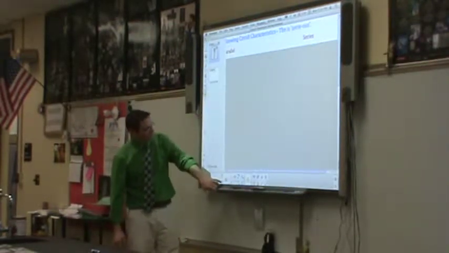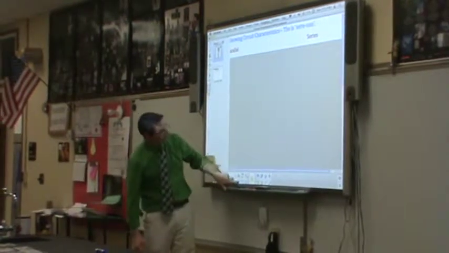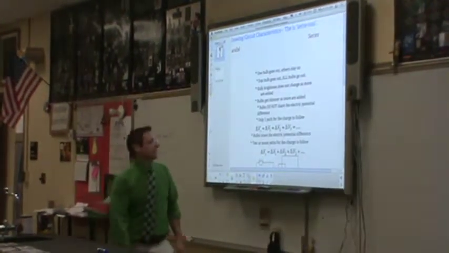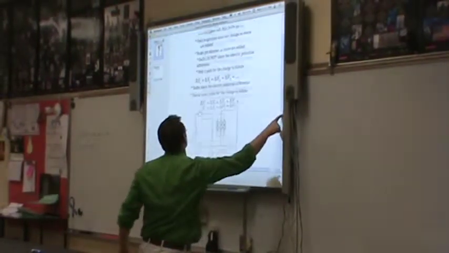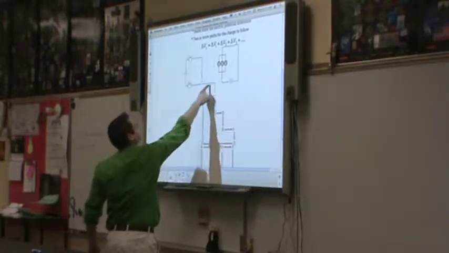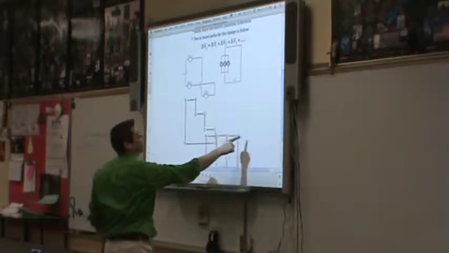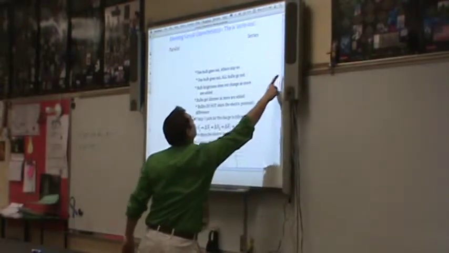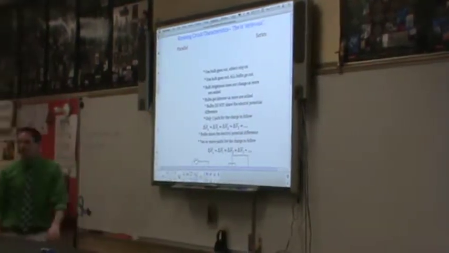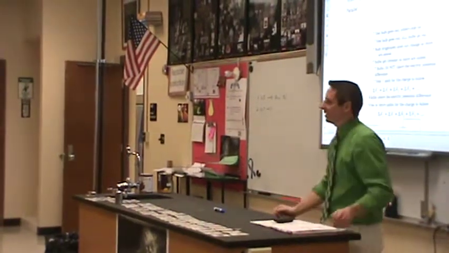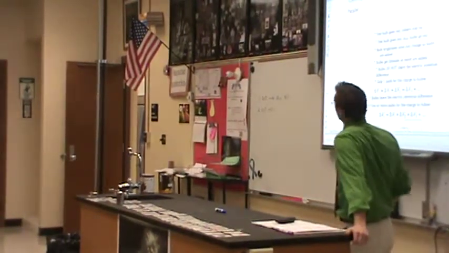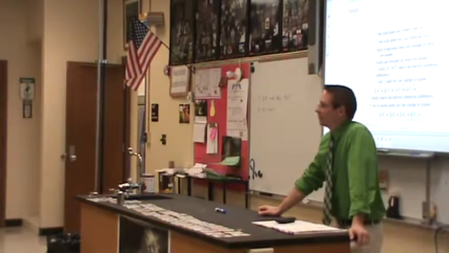So I have a list of series characteristics combined and mixed up with parallel ones. I've also got, as you can see, a couple of circuit diagrams and some electric potential diagrams. And just to get us thinking about it again, I'm going to give each one of you one of the cards. I'm going to take the pair, and then if your card gets selected, you simply come up and drag one of the characteristics over to which type of circuit you think it fits with. Does that make sense? Yes. Okay.